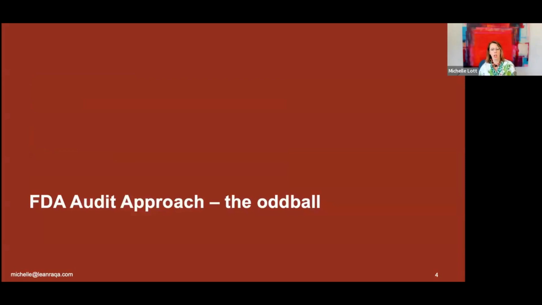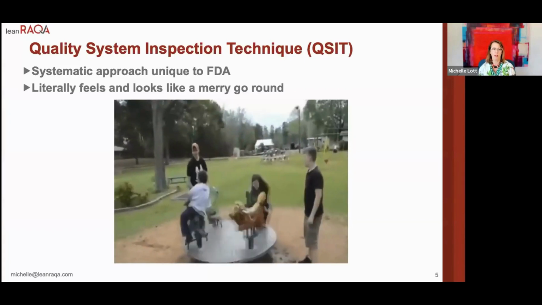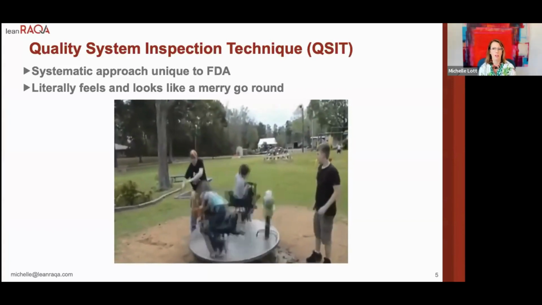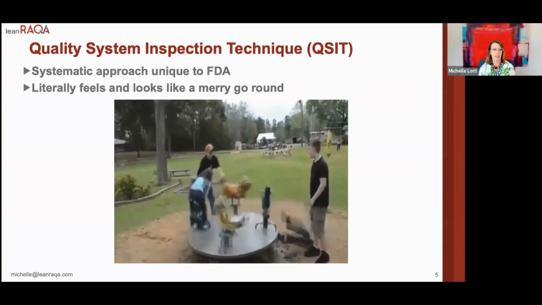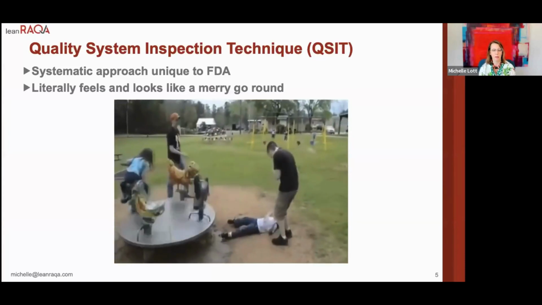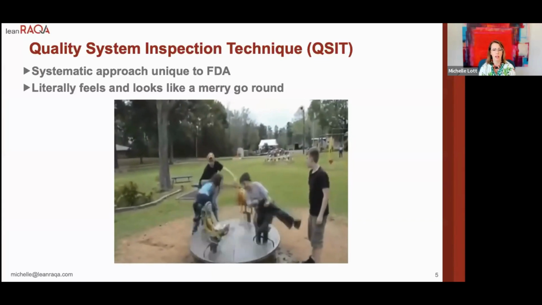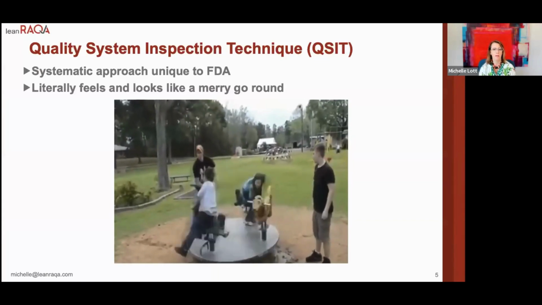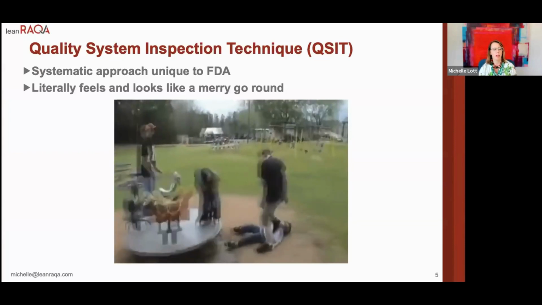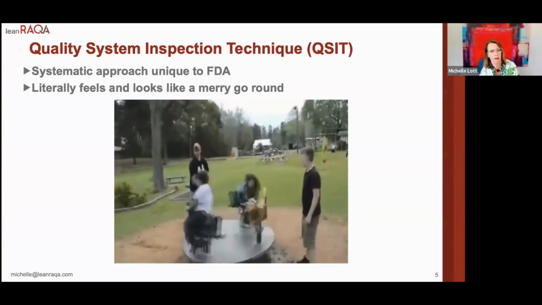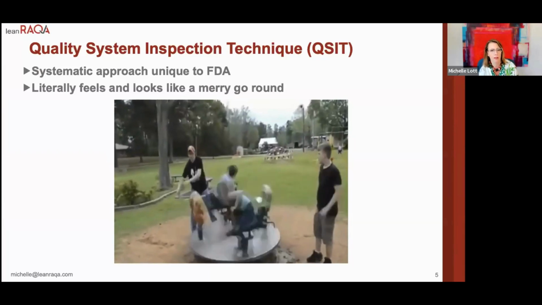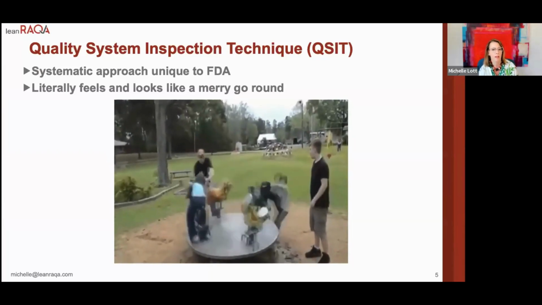So let's talk about the current FDA audit approach, which is kind of the oddball of the group. It's called the Quality System Inspection Technique. And this is a systematic approach. It's unique to the FDA. It has been in place for almost as long as the QSR updates have been, like circa 1996, 1997.